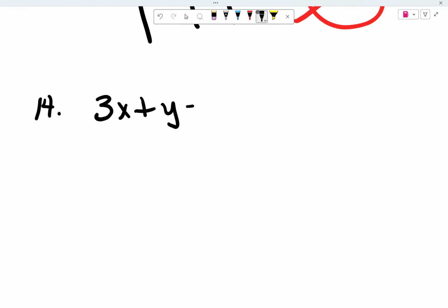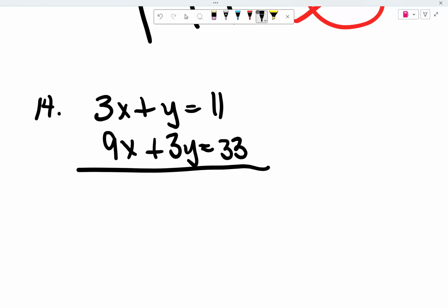Number 13, that was 14. Let's go 14. 14, you have another system. You have 3x plus y equal to 11. Here you have 9x plus 3y equal to positive 33.